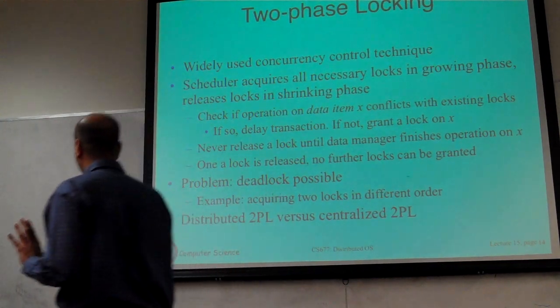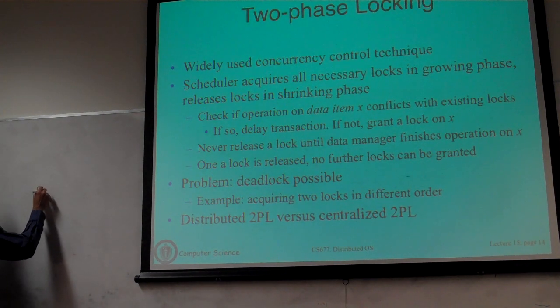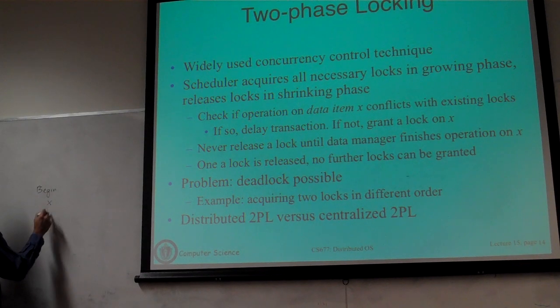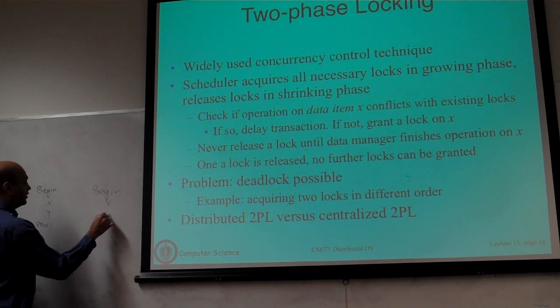I presume you know the standard example of a deadlock where, let's say, you have a begin transaction, you do something to X, and then you do something to Y, you end, and then there's another transaction which does things in the other order.